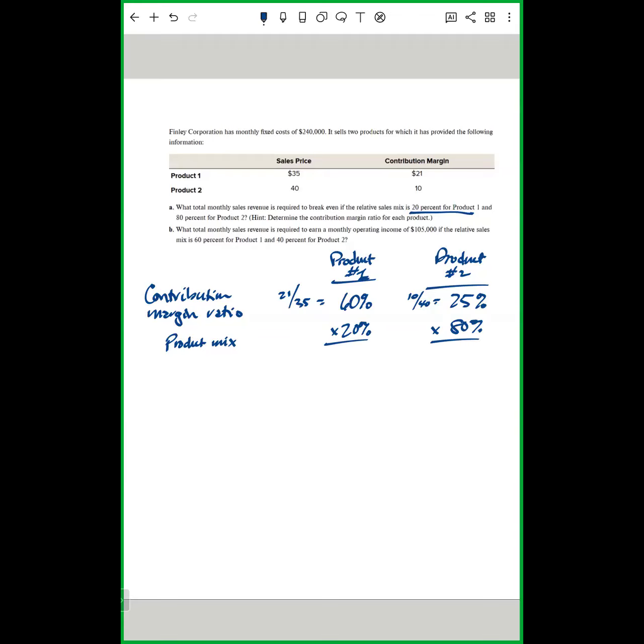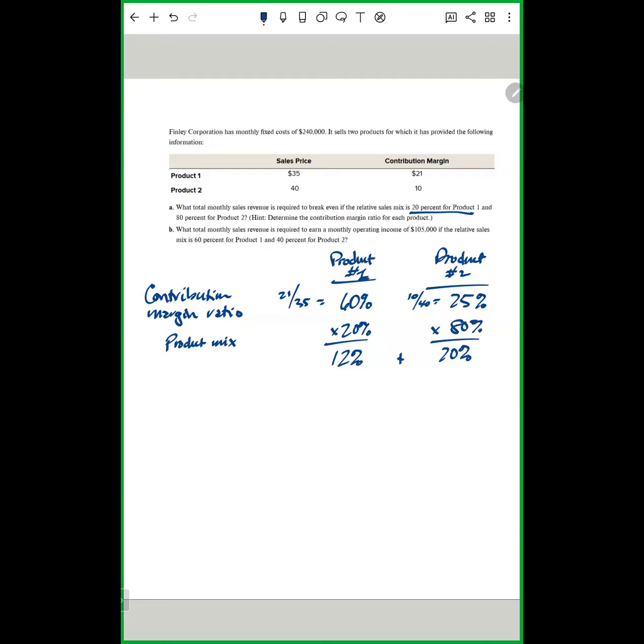So 0.6 times 0.2 equals 12%. And 25% of 80% equals 20%. And we just need to sum these two together, all right?